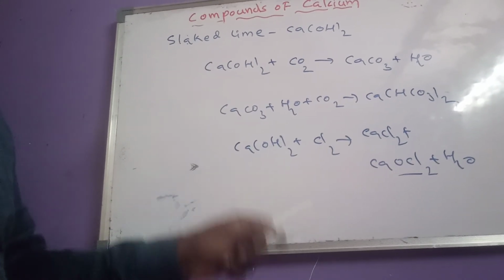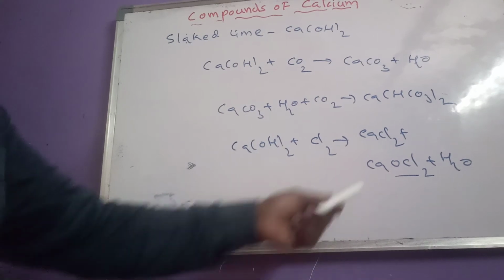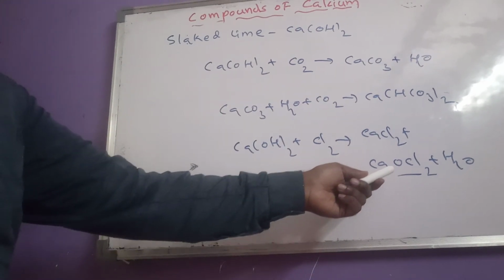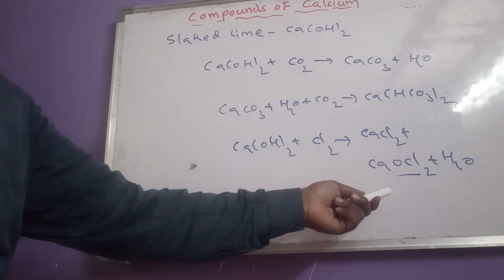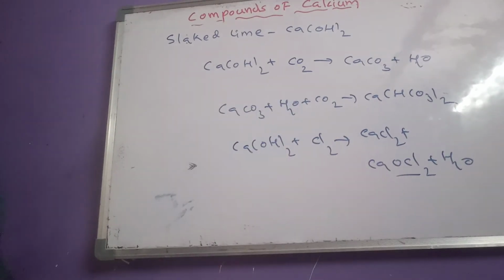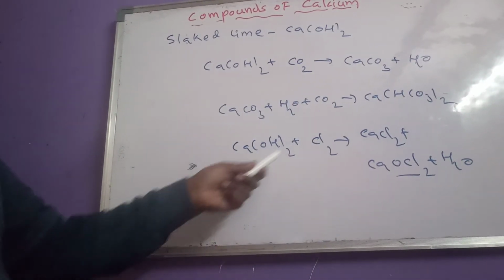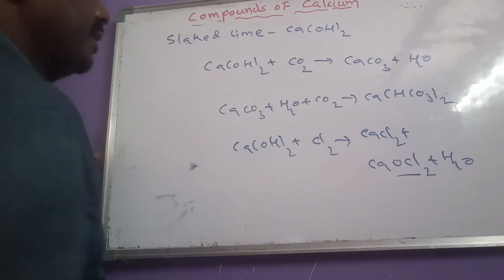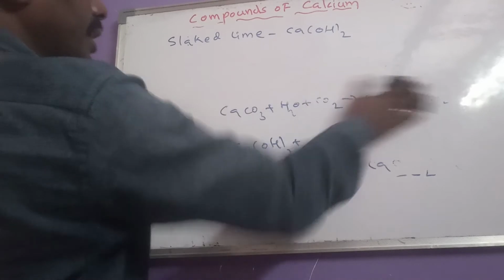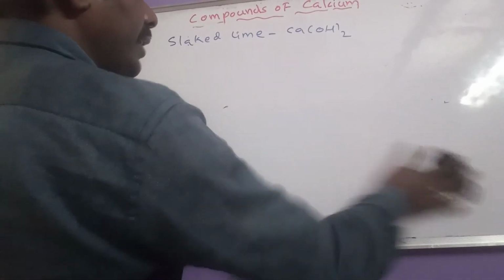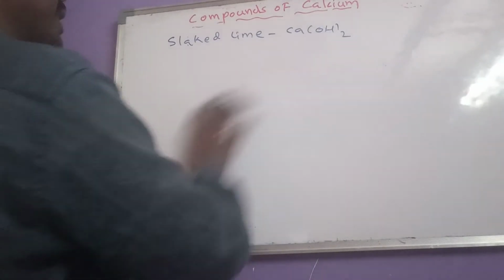Calcium oxychloride is also another name. This is one of the ingredients of bleaching powder. Okay, this is the reaction of slaked lime with chlorine. So these are the chemical properties of slaked lime. Now let us see the uses of slaked lime.